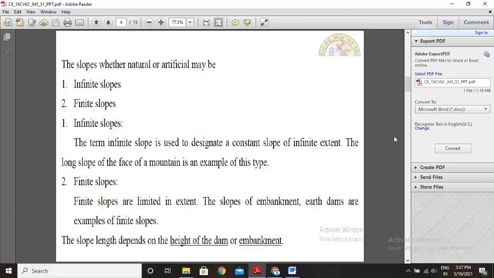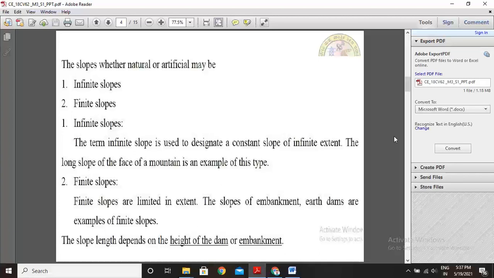What do we mean by finite slopes? Finite slopes are limited in extent. The slopes of embankments and earth dams are examples of finite slopes.